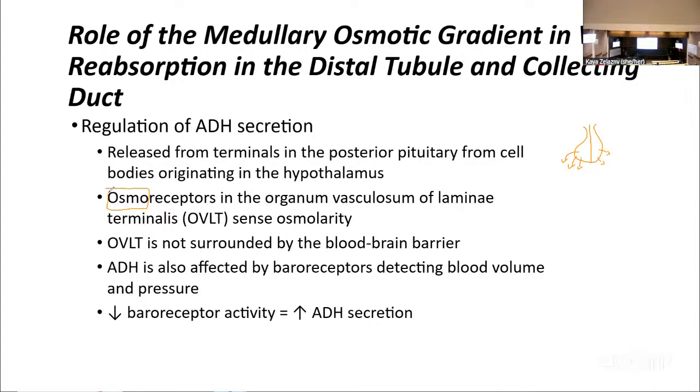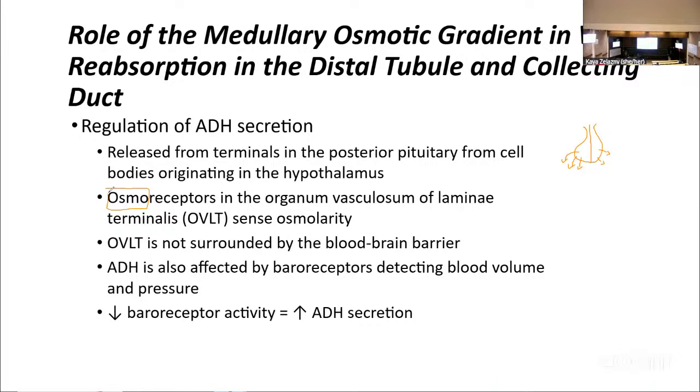These cells in the OVLT can sense the blood. Usually in the brain, we have a blood-brain barrier. We don't want stuff to be able to touch the tissue of the brain itself for the most part. But because with these osmoreceptors we're trying to sense the osmolarity of the blood itself, we're sampling the blood. In this region, we can touch the blood. The blood-brain barrier isn't really in effect.